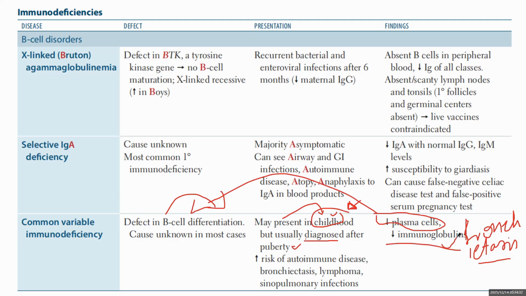Immunoglobulin levels are also low, and due to that, many dysfunctions and other problems come into being, including bronchiectasis and lymphadenopathy. All of that has to be taken seriously in these patients, right?